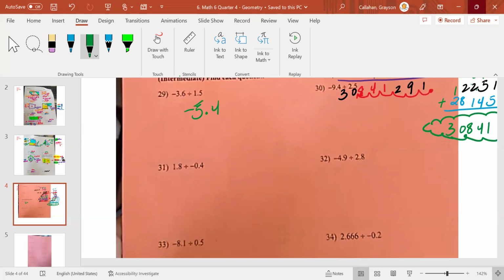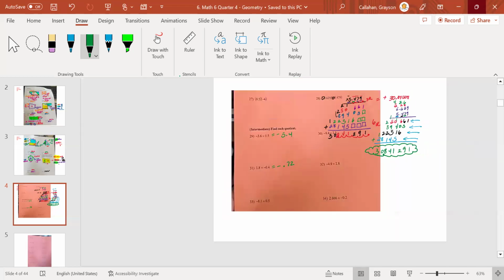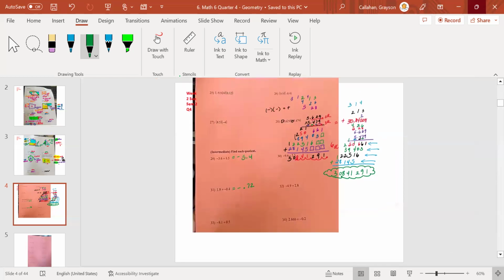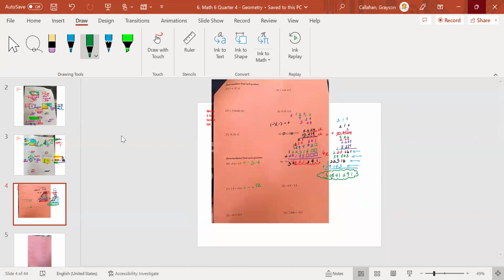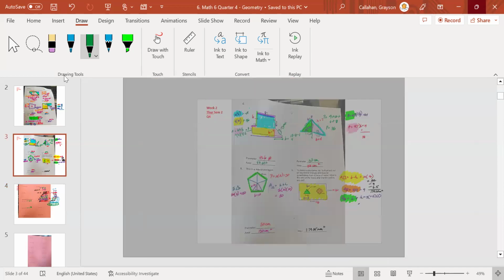Did you get that? You didn't get that? Okay. Well, let's check all the answers. Make sure you have them at least. Hold on a second. This is not centered correctly. Let me check.